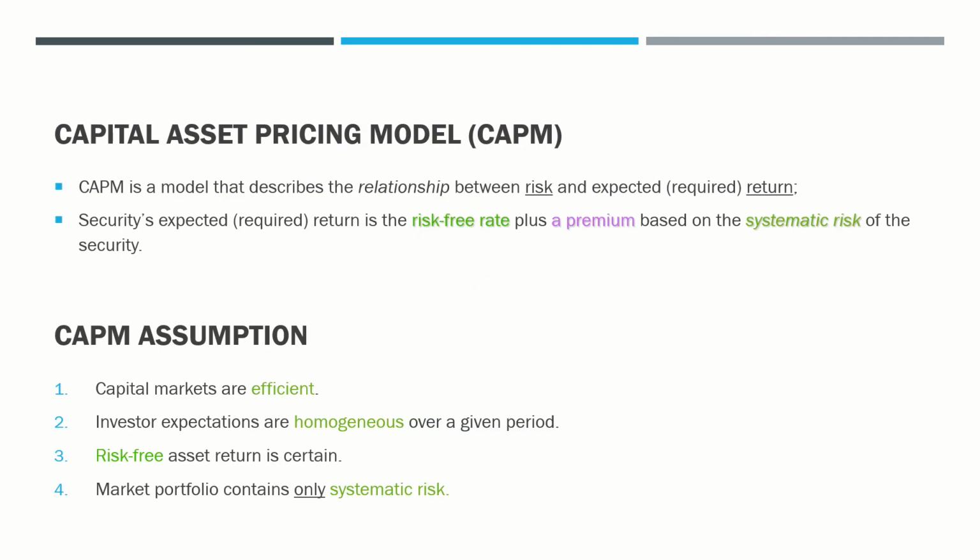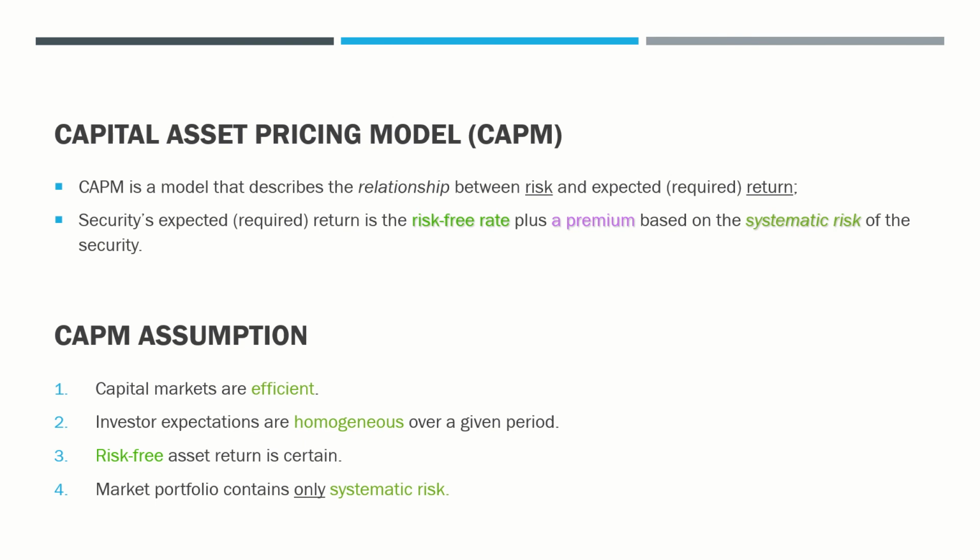Okay. Yang terakhir untuk chapter ni adalah capital asset pricing model. Apa dia capital asset pricing model ni? Dia adalah model untuk melihat hubungan antara risiko dengan return, expected ataupun required return.